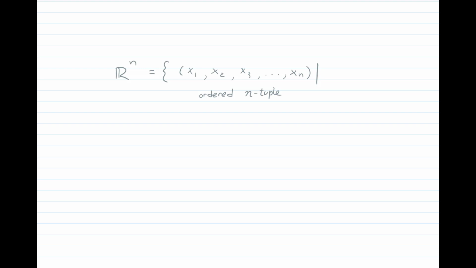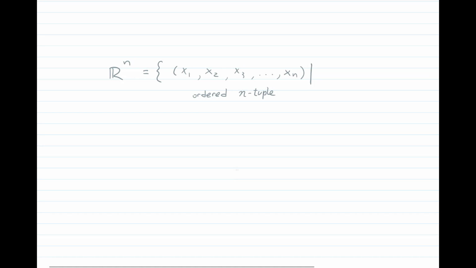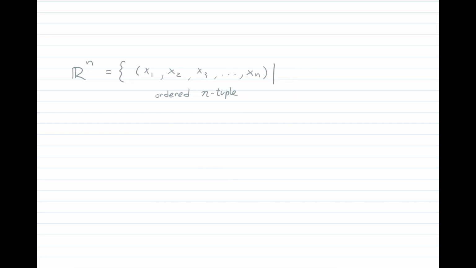and now I can write x1 is an element of the real numbers, x2 is an element of the real numbers, x3 is an element of the real numbers, but it's a lot shorter for me to just write xi is an element of the real numbers for every i from 1 to n.